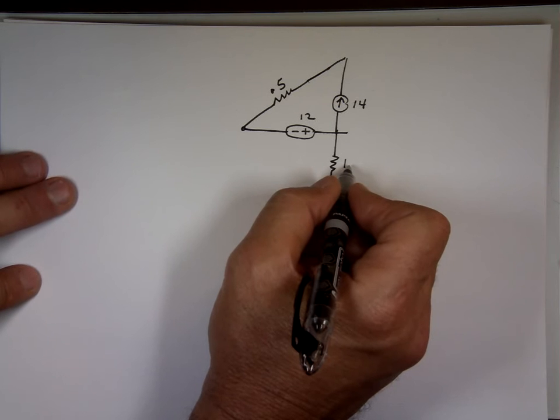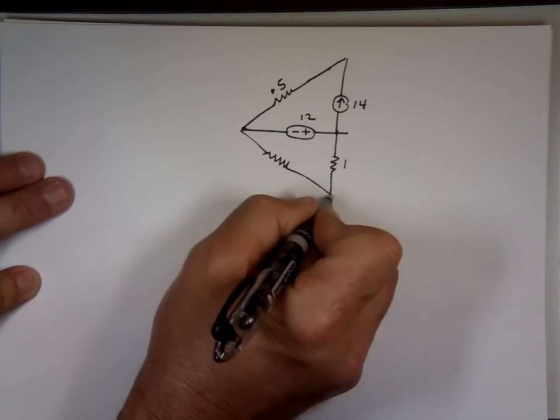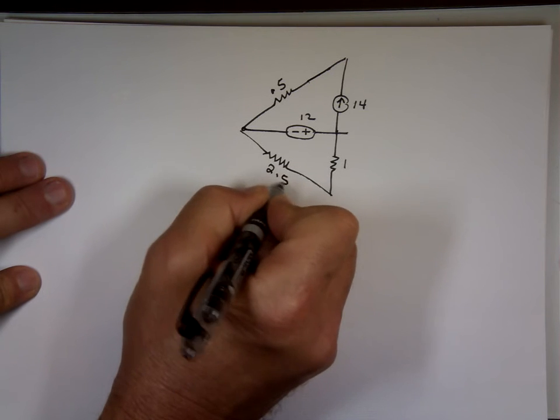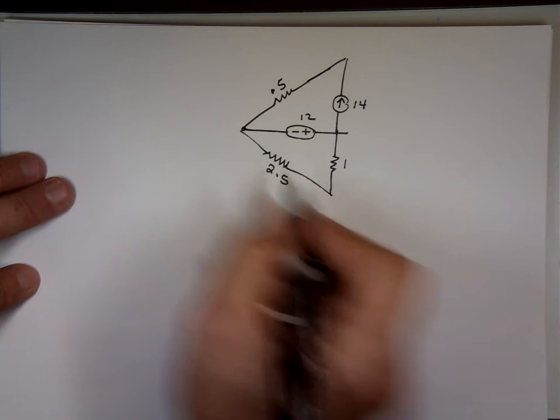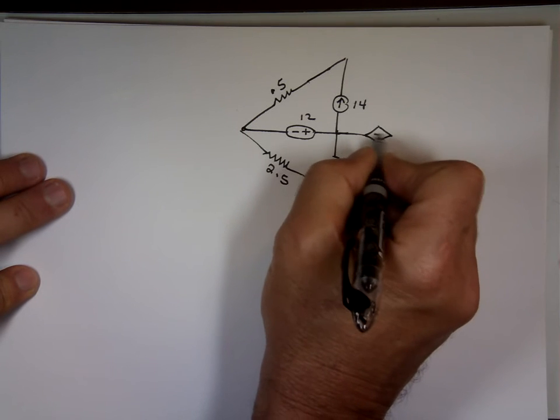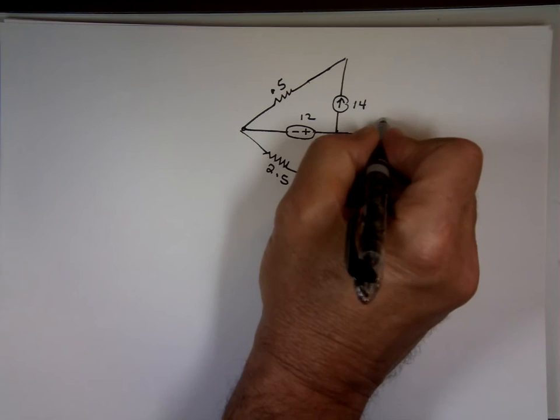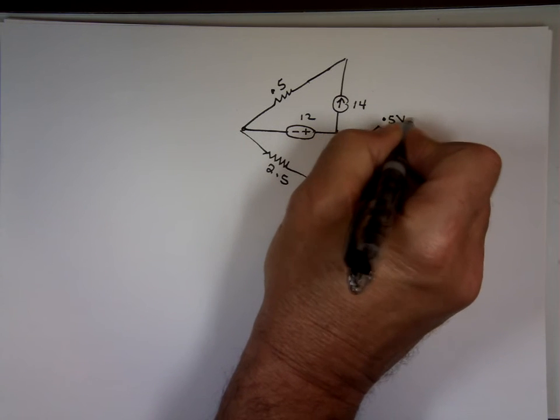Down here 2.5. And let's put a dependent current source here. We usually don't deal with a lot of dependent sources, but let's put them there: 0.5 Vx.